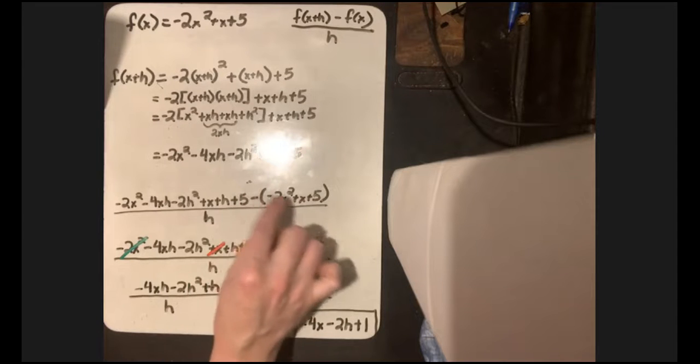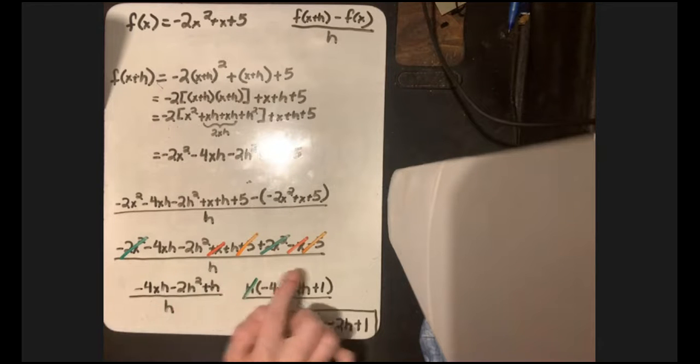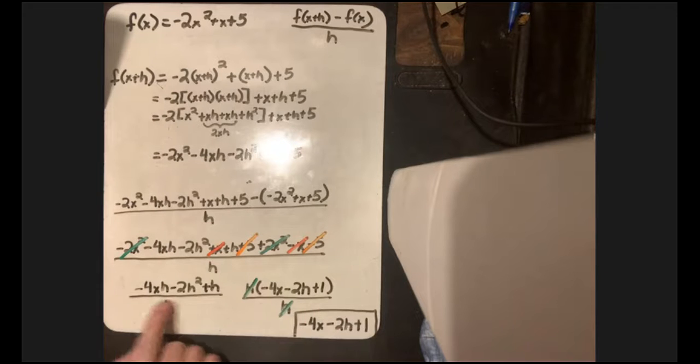That's to make sure you get all of that subtraction handled, okay? Now, what should happen is you should get a line where several pieces are able to cancel out, and then in the resulting bit, everything should have an h in it so that you can factor it out and then cancel it with the h on the bottom. There may still be h's left in your answer, and if there are, that's fine, okay? But this is the result of our difference quotient.